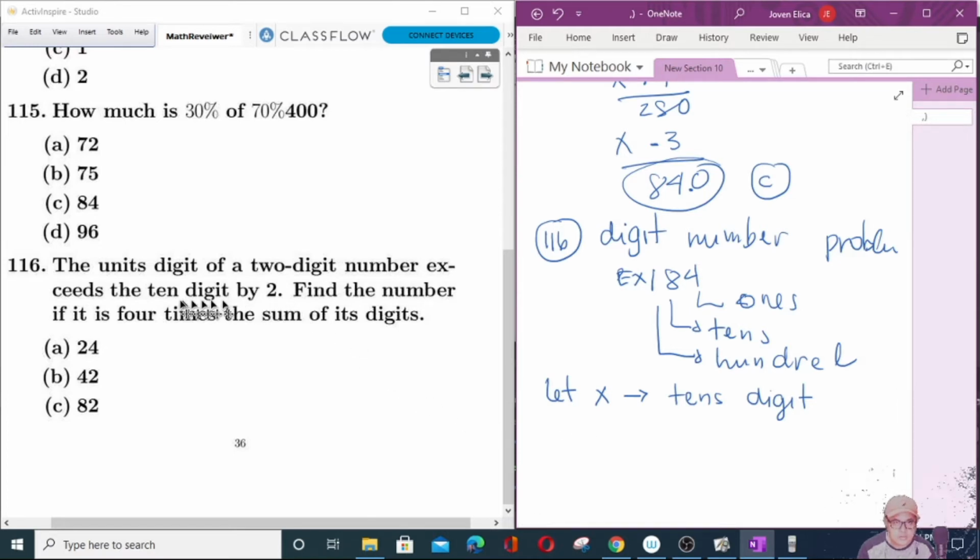It was mentioned here that the unit digit exceeds the tens digit by 2. Exceeds means plus 2. So this is the unit digit.